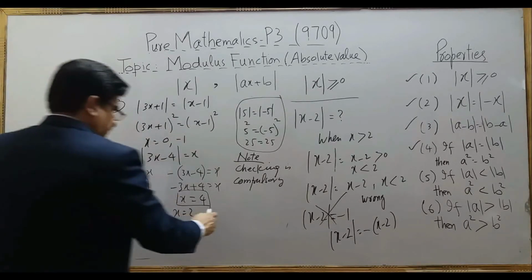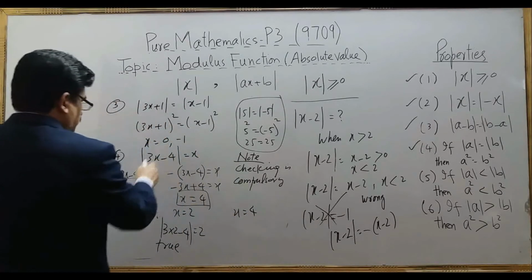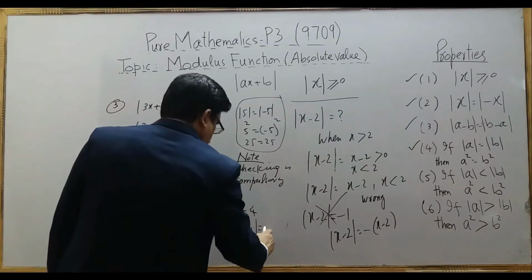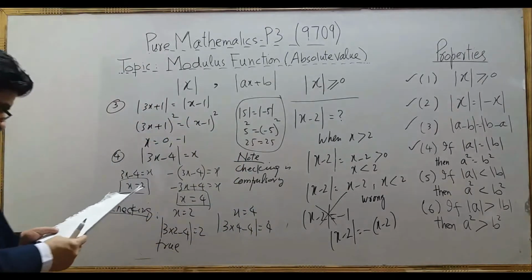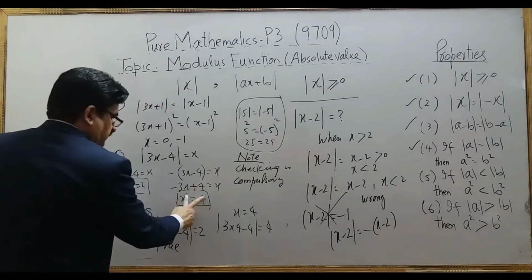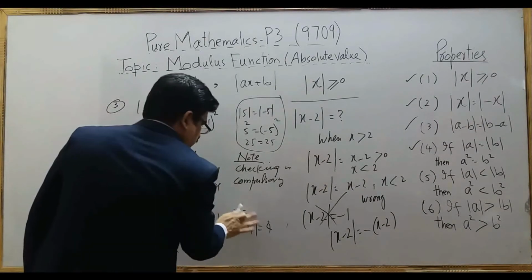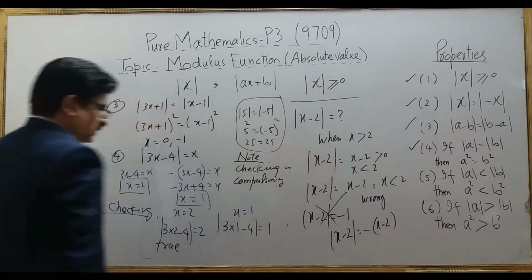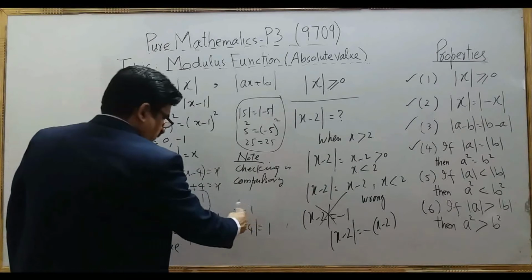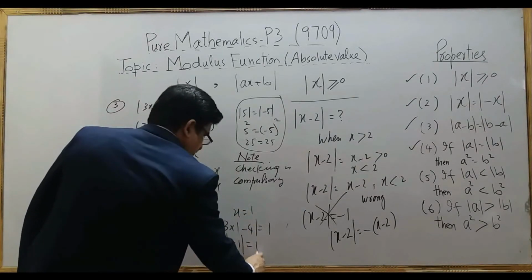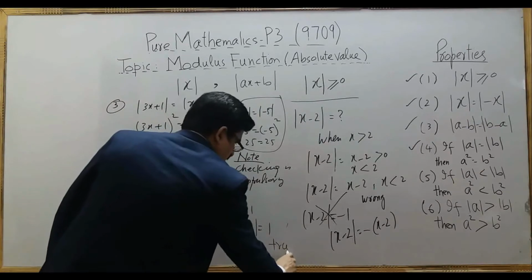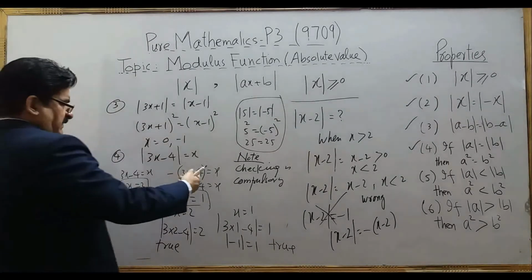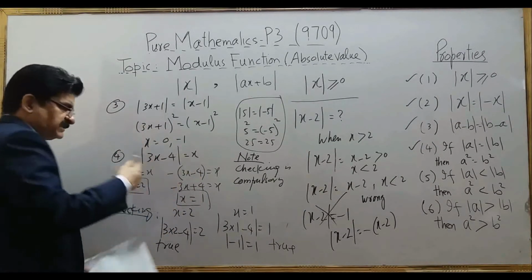Similarly, now you take x equal to 1, put into this: |3·1 − 4| should be equal to 1. Now see that we have here |−1|, and this is true, yes, this is true, because |−1| is 1. So you will be thinking that there was no need to check, but see the next example.